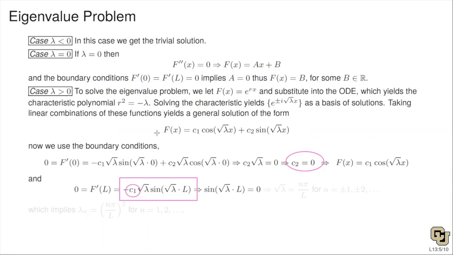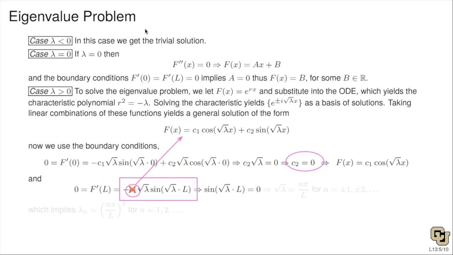If C1 is also 0, then F is trivial. If F is trivial, our solution, F times G, is trivial, and our first assumption of separation of variables is that we don't have a trivial solution. So it's not possible for C1 to be 0, otherwise we would have a trivial solution.